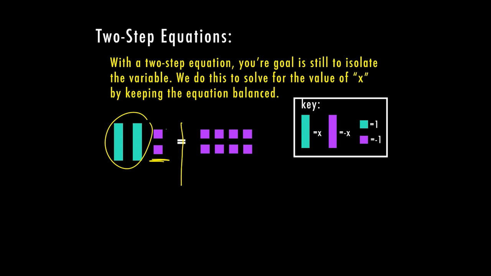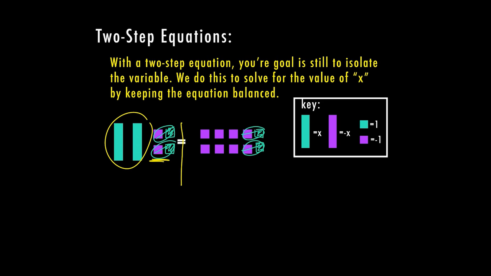So these two -1s are going to have to add two 1s in order to zero those out. And if I add two 1s to the left side, I have to add two 1s to the right side. So that means that I'm going to also zero out these two pairs.